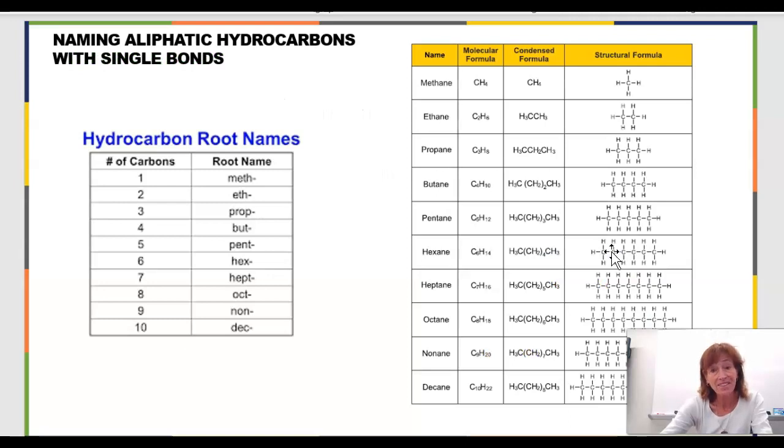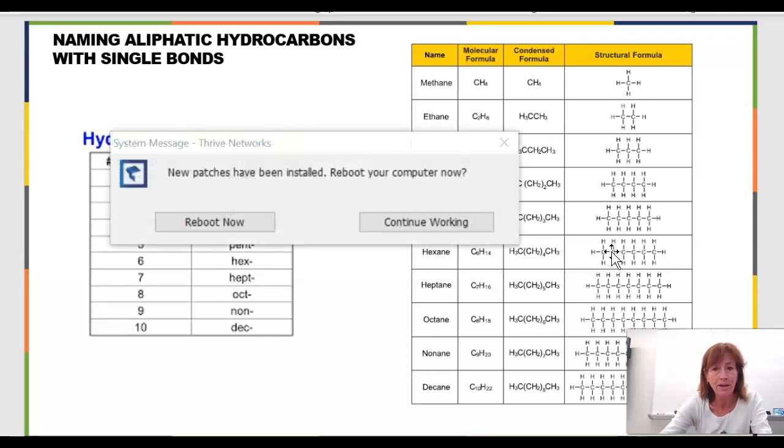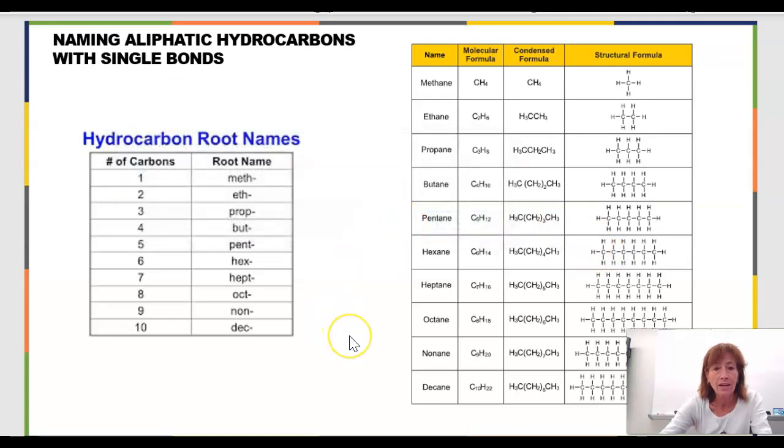Now, your book doesn't have this, but I do want you to know this because I think it's really valuable for identifying what certain compounds are.